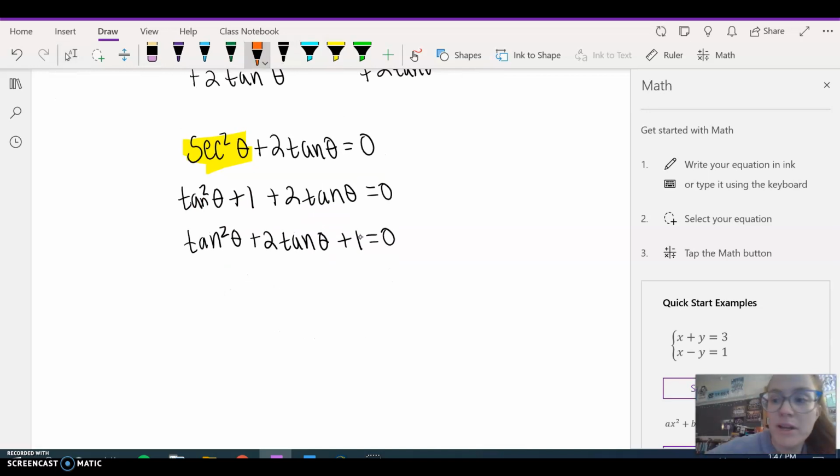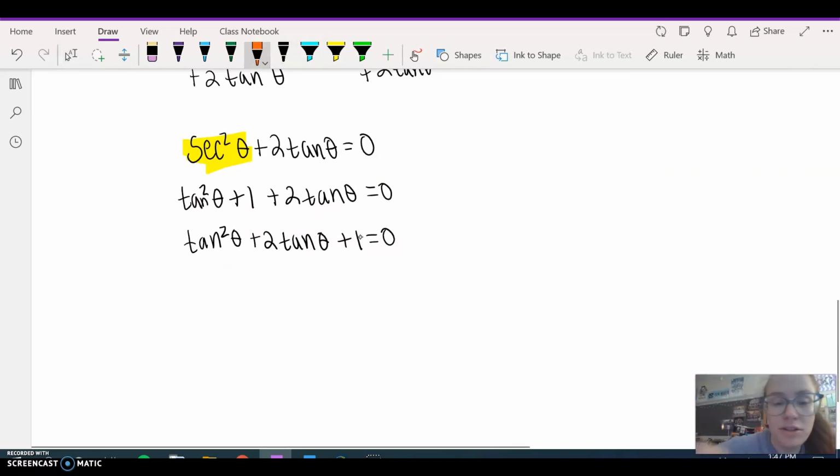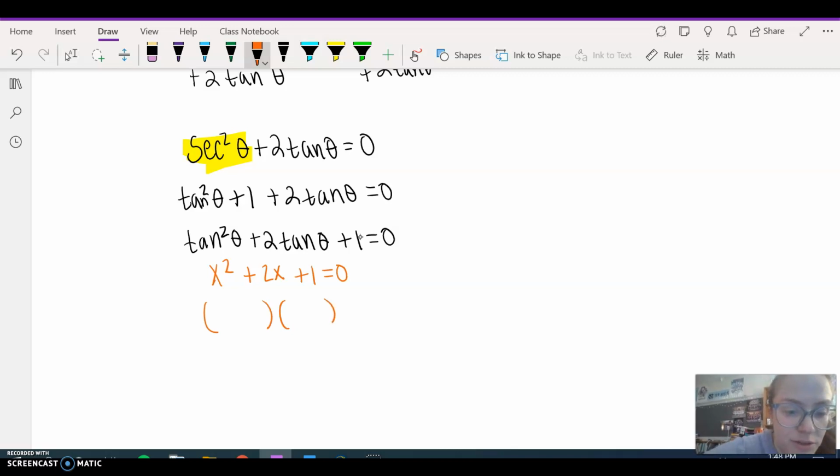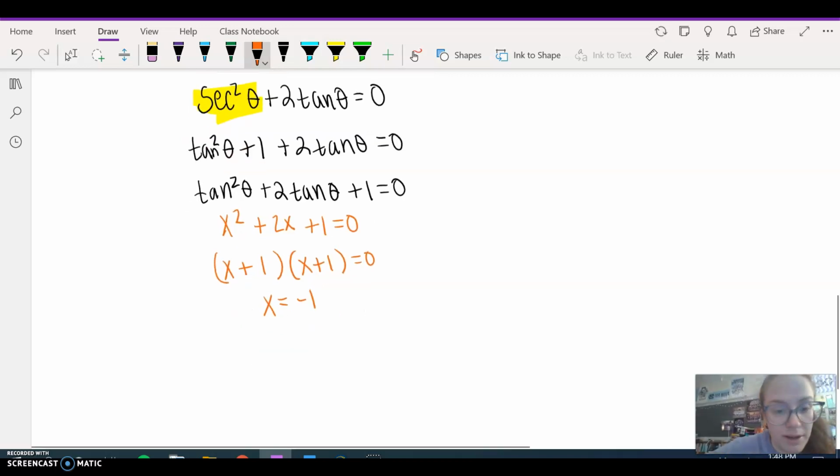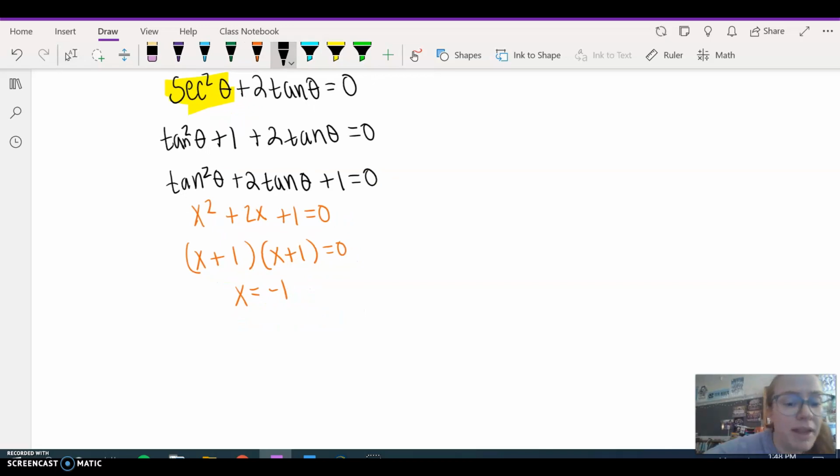Remember, you can change these to look as x squared plus 2x plus 1 equals 0, and I can factor it. So it would be x plus 1 squared equals 0. Therefore, x has to equal negative 1. Now we got to put tangent back into play, and so tangent theta equals negative 1.